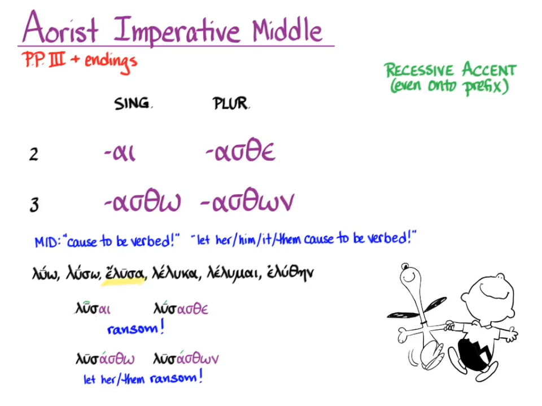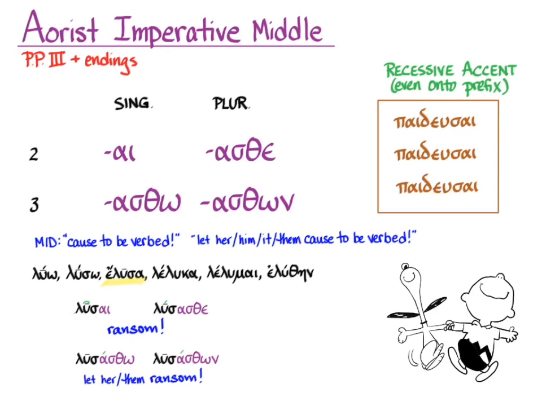Now, again, we get to have a nice happy dance over here because there are no contract verb endings, but I do want to show you something. This is a moment for me to show you why it's been so important for you to learn accents for your verb forms. So if we put this word here three times, paideusai, which is another familiar paradigm word, and we accent it three different ways, we get three different forms.